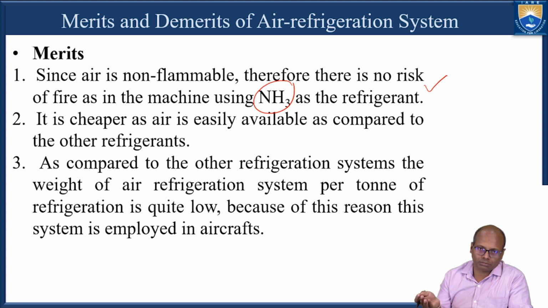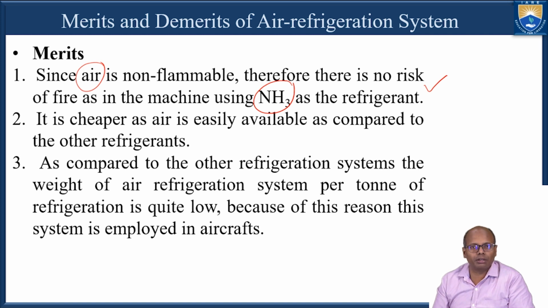So in vapor compression refrigeration cycle, we use ammonia, and in air refrigeration cycle, we use air, and air is freely available everywhere, and it is not a flammable substance, and even if there is a leakage, there is no problem. Okay, only the efficiency will go down, but it will not affect the people around it.